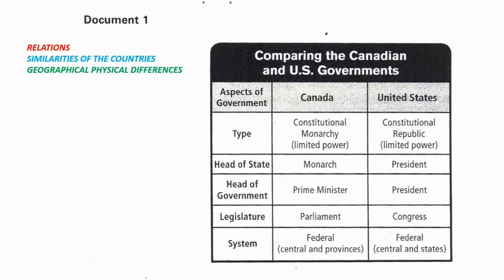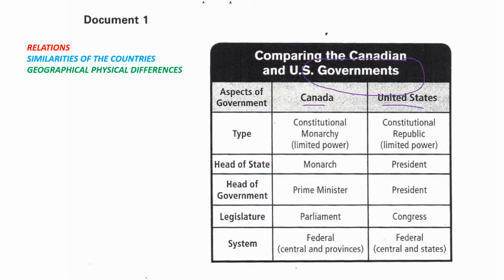Well, this particular document demonstrates things about the government. So I know right away this is about the government. Now I have to look pretty closely. Is there anything that is the same on this chart between Canada and the United States? If it's about the things that are the same, then I should highlight them in blue.